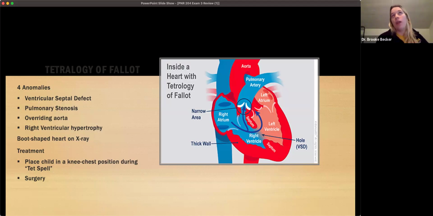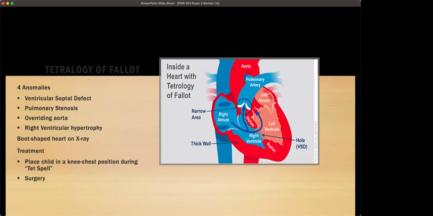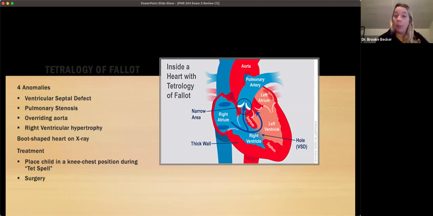But do they have really good color? Are they acting like a normal kid? No, they're not acting normal. Right. They're going to be blue. They're going to be tachycardic, likely. Their oxygen saturation is going to drop drastically when this happens.